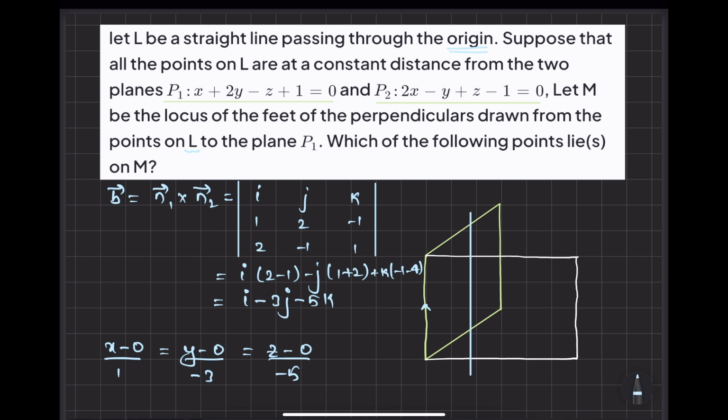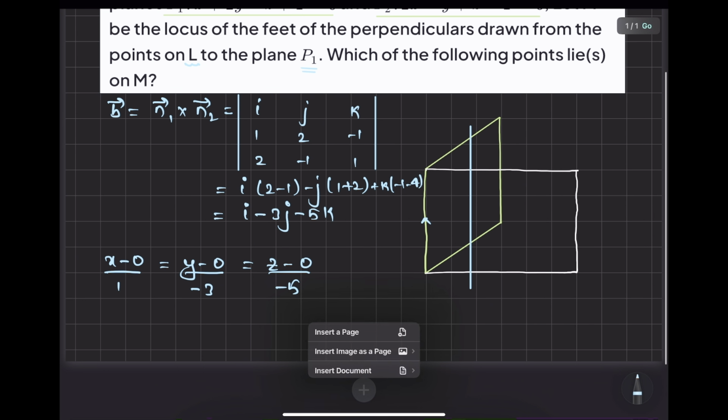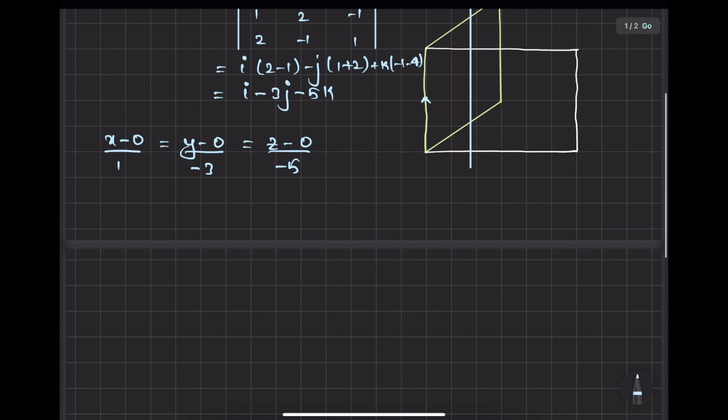So from L you have to drop the foot of perpendicular to the plane P1. So how will we drop the foot of perpendicular? We should first imagine a point. So the point will become what?